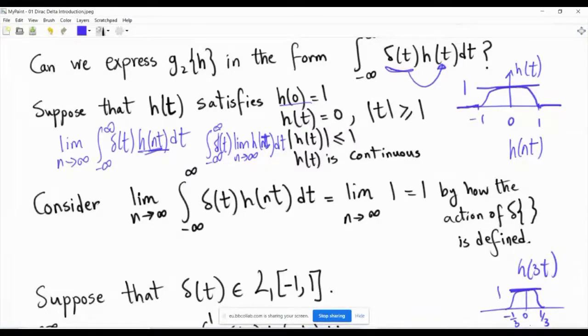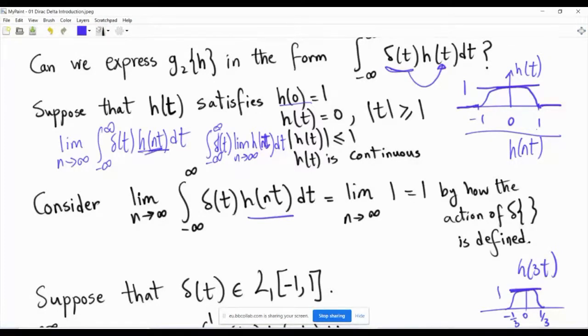So h of nt, again, we have this function, and I took for granted that this function can be constructed. It is, but again, no need to waste time on this. So we have a function that is continuous. In fact, we can design this function to be infinitely differentiable, but for us, it is just continuous, and it is less than or equal to 1 in magnitude.